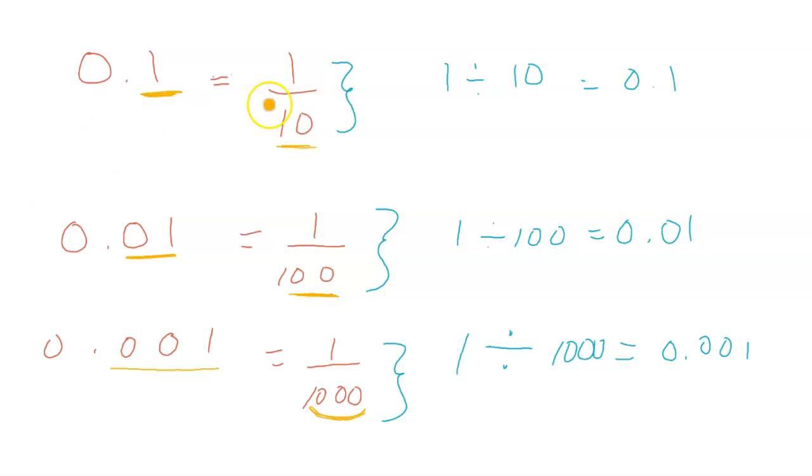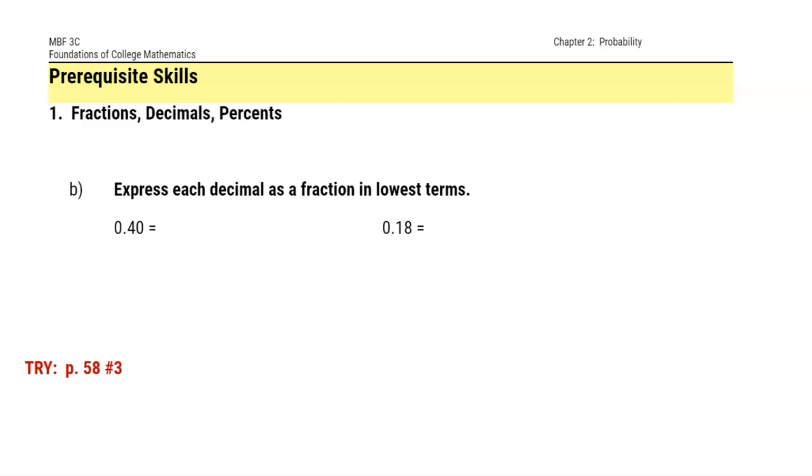Now I think we're ready to take a look at the example. When I look at this example, where it's asking me to convert 0.40 into a fraction, I'm looking at the fact that it has 2 decimal places. That means I want to create a fraction that is out of 100.